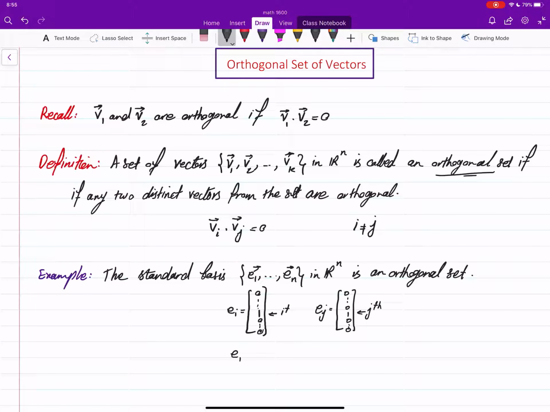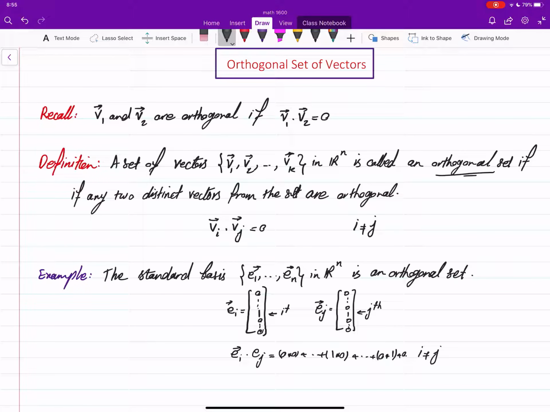Then when you take the dot product of ei and ej, if i is not equal to j, everything is either 0 times 0, or the ith position of ei, which is 1, times the ith position of ej, which is 0, or the jth position of ei, which is 0, times 1, and everything else is 0.